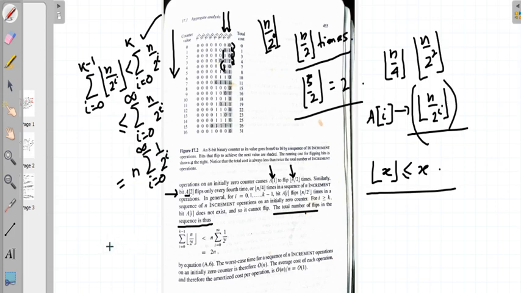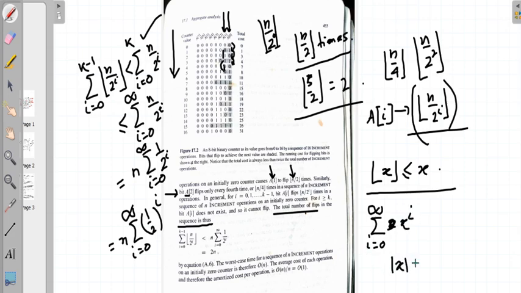So now we have this sum for i equals 0 to infinity of 1 by 2 whole power i. We have already seen that if we have x power i with mod x less than 1, we have a standard formula. Here x is half, so mod x is less than 1.